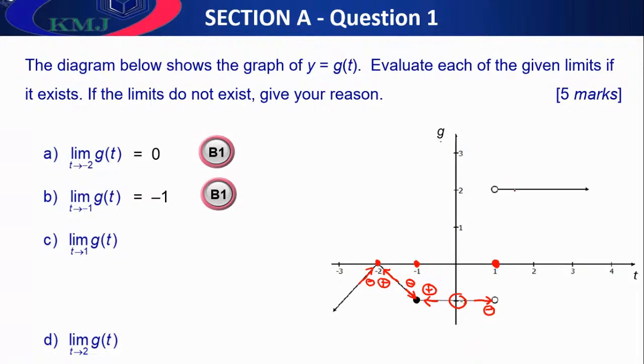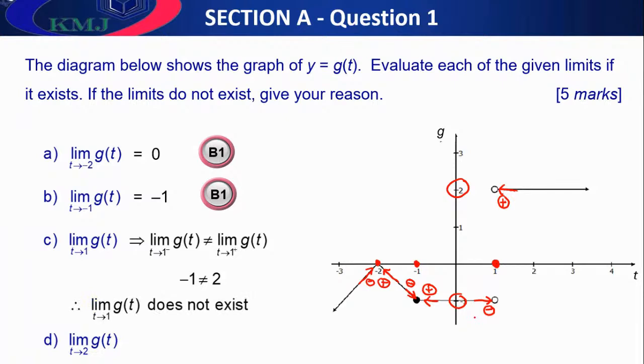From the right, it comes from here, and the value of y is 2. Since the limit of g(t) as t approaches 1 from the left does not equal the limit of g(t) as t approaches 1 from the right, the limit of g(t) does not exist as t approaches 1.